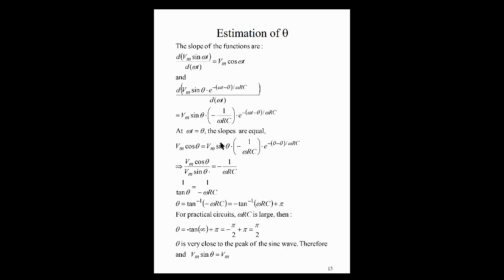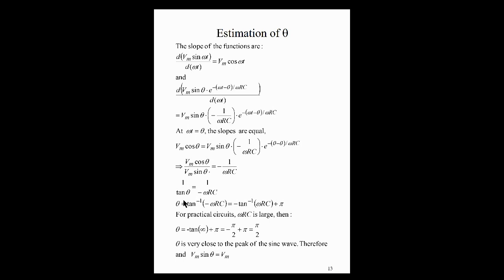By rearranging, we have Vm cosine theta over Vm sine theta, and it's equal to minus 1 over omega rc. Of course, from your trig identities, you know that cosine over sine is just 1 over tan, and that's equal to 1 over minus omega rc.